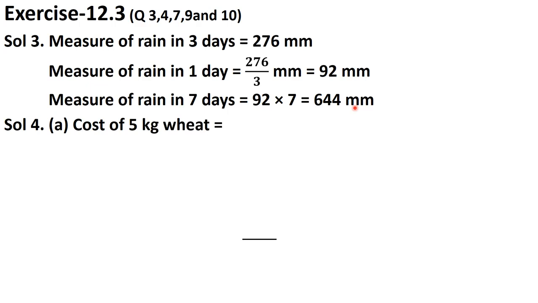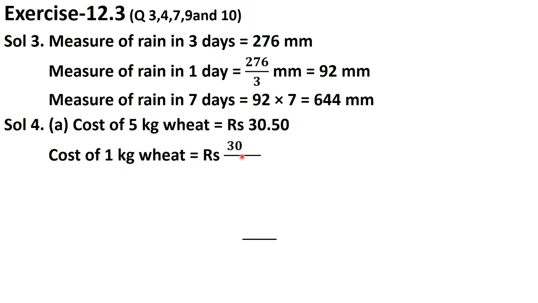Okay. See question number 4, A part. Cost of 5 kg of wheat is rupees 30.50. You have to find out the cost of 8 kg of wheat. As we have to find out the cost, we will keep cost on the right hand side. Cost of 5 kg wheat, rupees 30.50. Cost of 1 kg wheat is rupees 30.50 upon 5, which is equal to rupees 6.10.